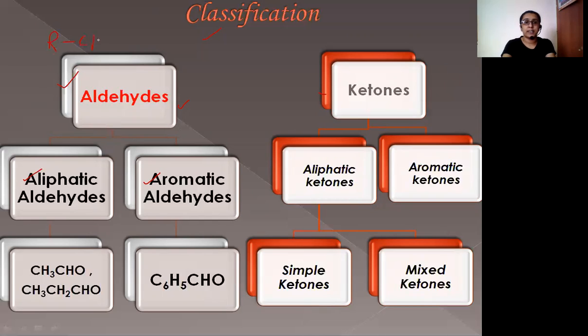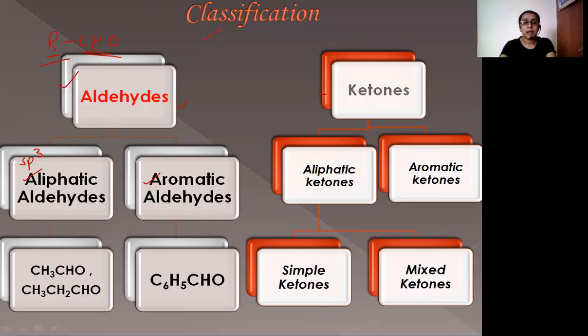This is your aldehyde, right? If this R group, or we can say if the aldehydic group is directly attached to the sp3 hybridized carbon atom, okay, if CHO group is directly attached to the sp3 hybridized carbon atom or saturated carbon atom, that time it is known as aliphatic aldehydes.